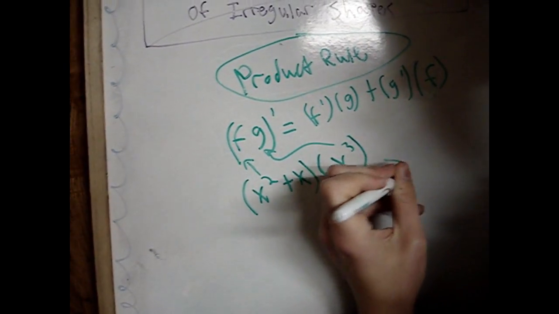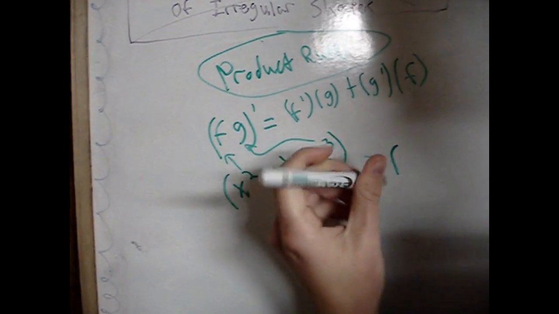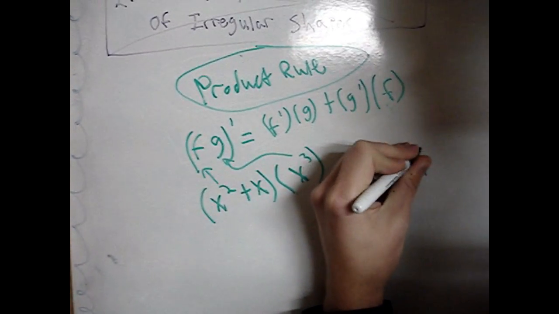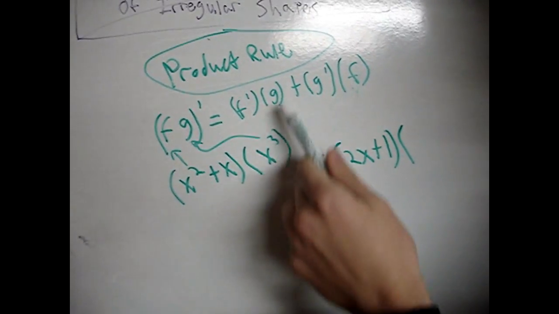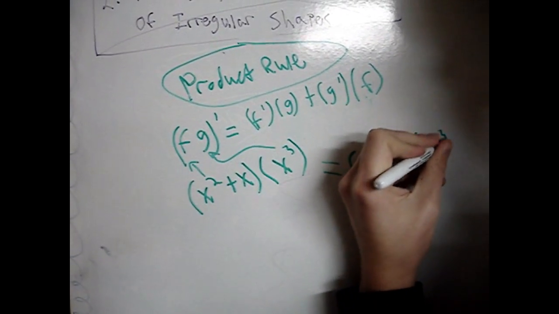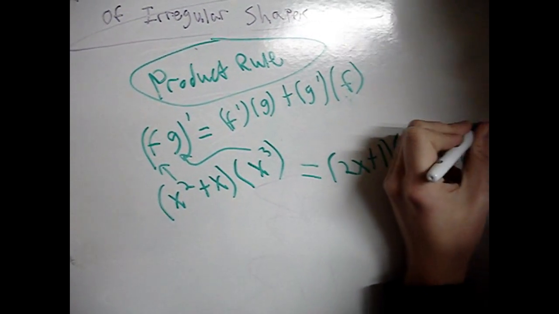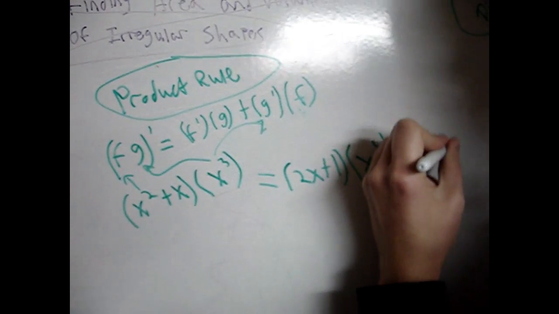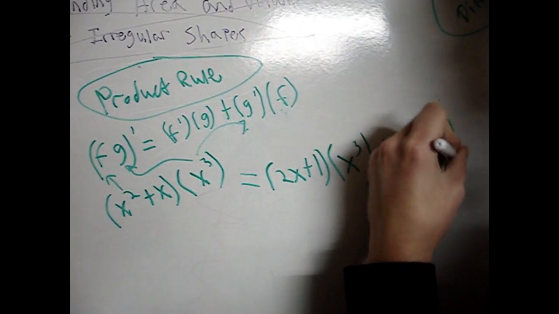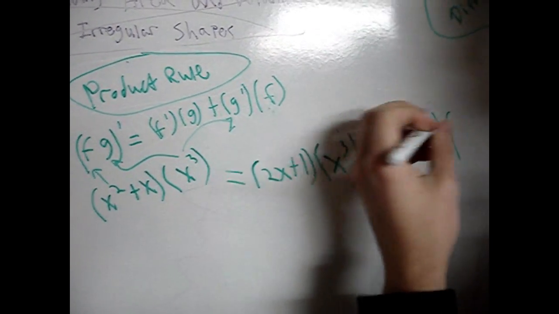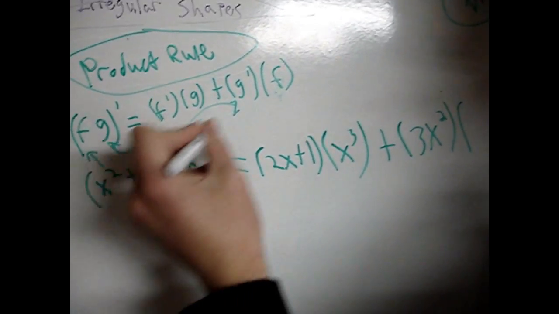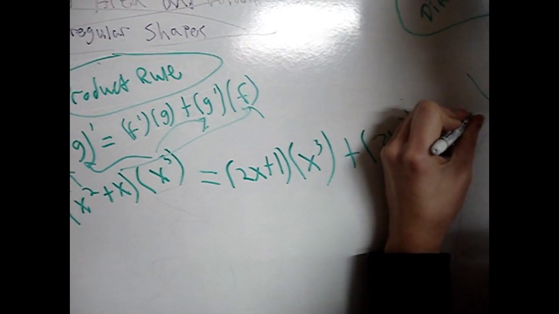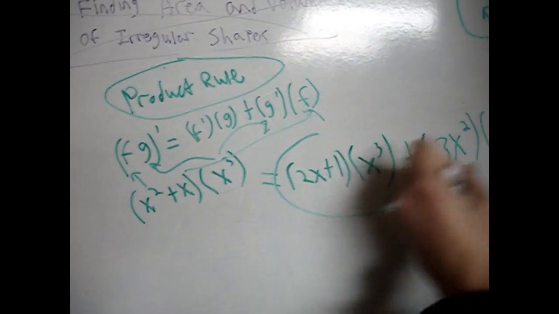So this will equal f prime, which would be 2x plus 1, times just the regular old x cubed, and then you add that to the derivative of x cubed, and that's 3x squared times just regular old f, which would be x squared plus x. So that's the answer.